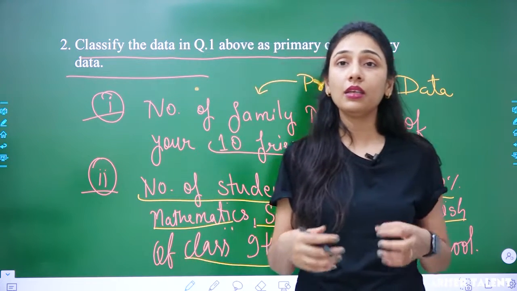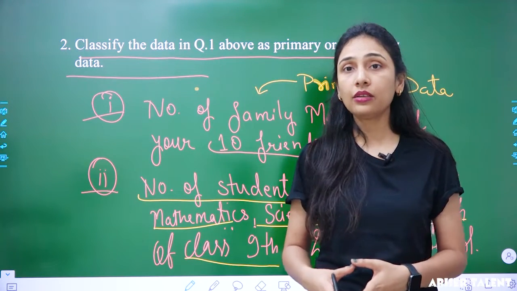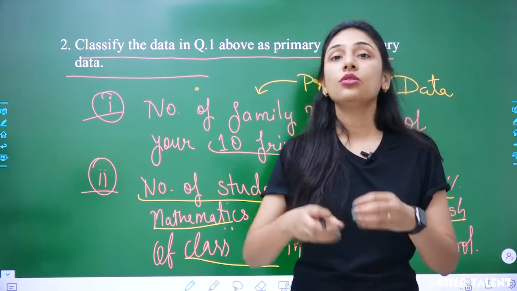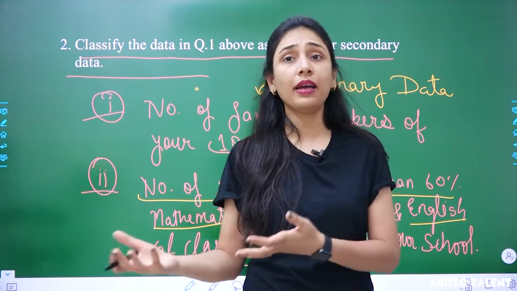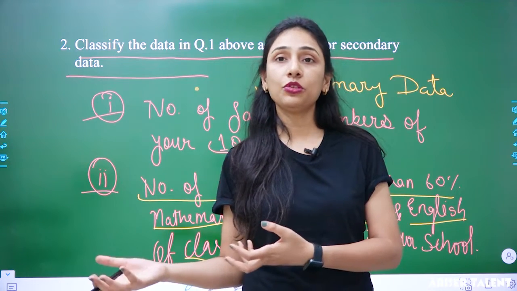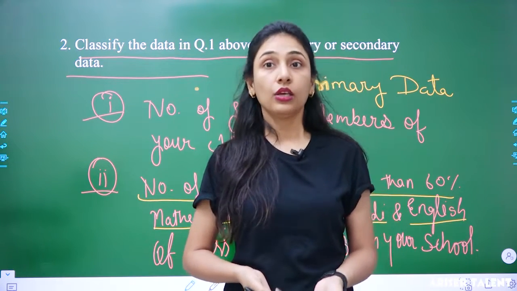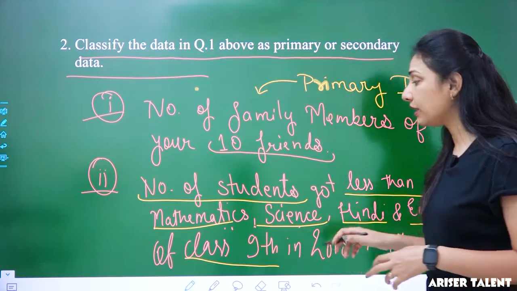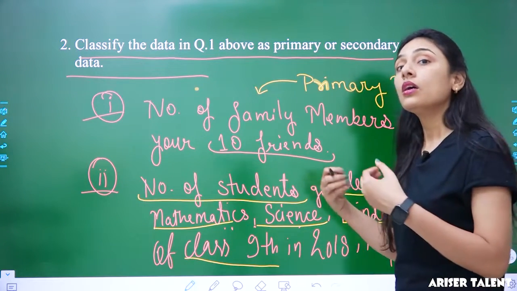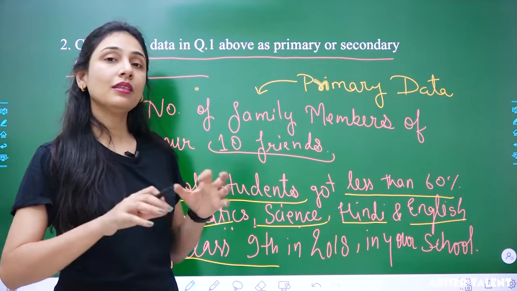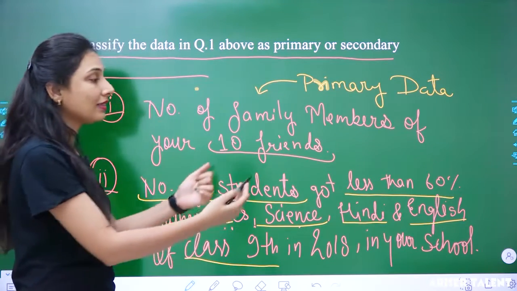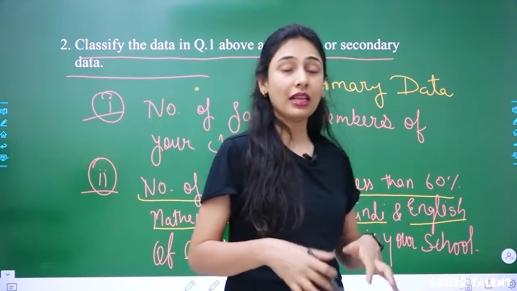The simplest and actual way of doing it correctly is to have access to the records of your school, with the permission and help of your teachers. With their help, you can access the school data on how many students got less than 60% in mathematics, science, Hindi and English in class 9th.